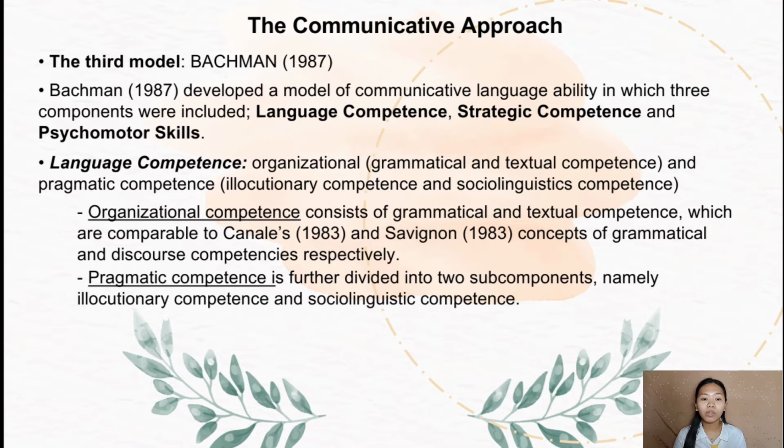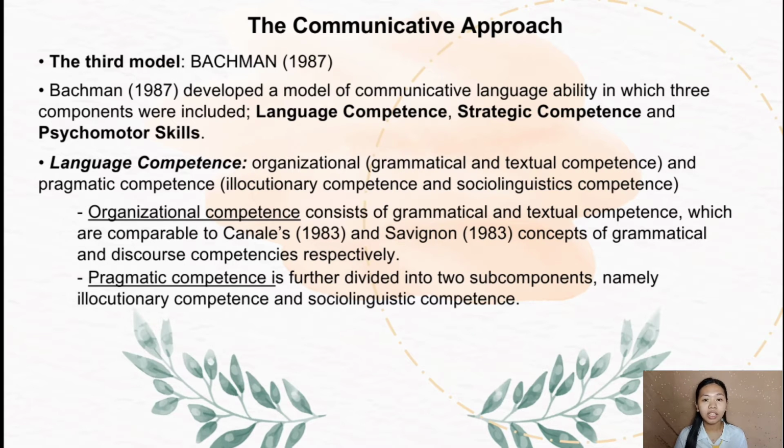When we talk about organizational competence, which is under the language competence, it consists of grammatical and textual competence, which are comparable to Canale and Swain's 1980 and Savignon's 1983 concepts of grammatical and discourse competencies respectively.